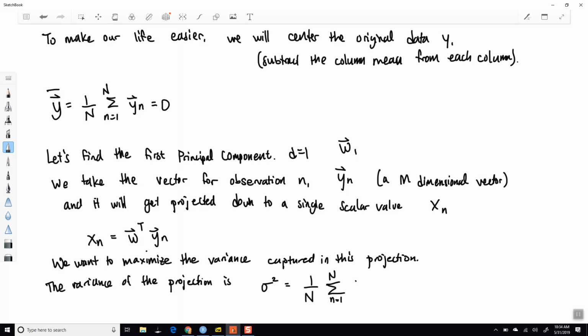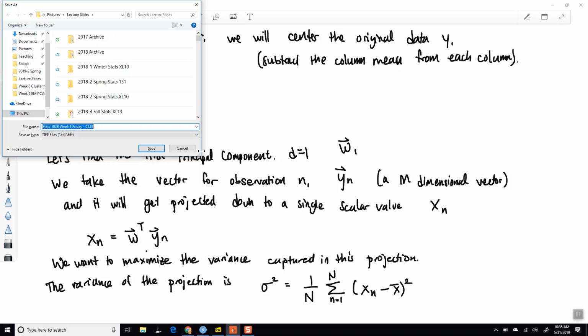It's going to be the difference between each value x_n minus the mean x bar, squared. These are all scalar values here because we've projected down to just one value, x_n.